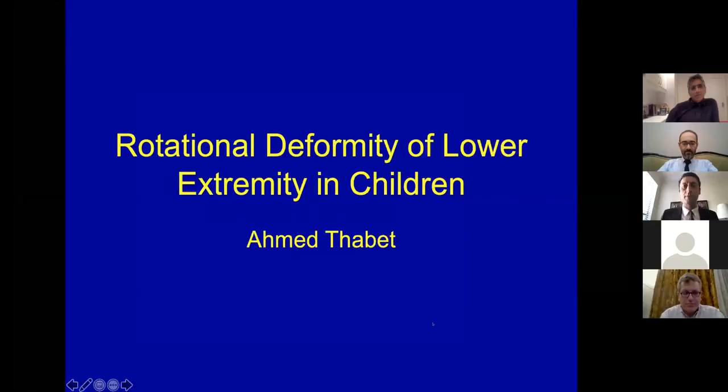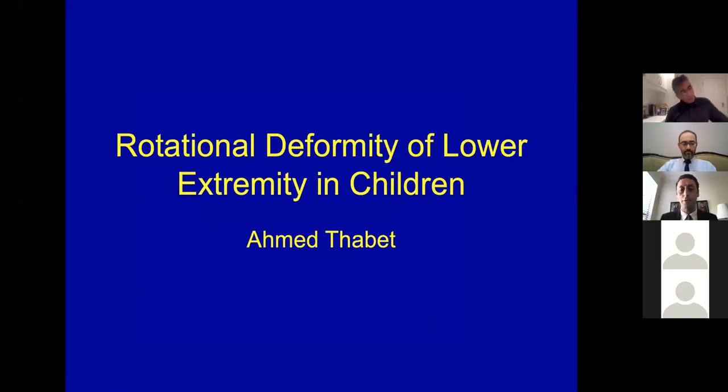Yeah. Okay. So we are talking right now about rotational deformities. I think the previous lecture is a very good introduction to the angular deformities in children, because most of the time there is a combination of angular and rotational deformities. Now we are trying to focus predominantly on rotational deformities of the lower extremities in children.